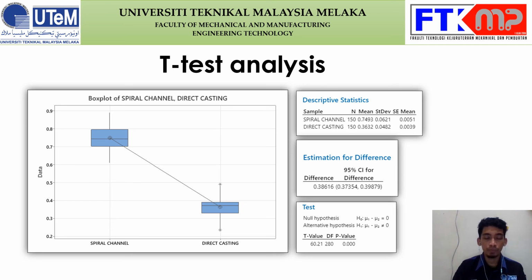Based on the box plot, you can see the data for spiral channel and direct casting is significantly different. This is proved by the p-value that Minitab calculated. It gets 0.000, which is below the significance level for 95% confidence.